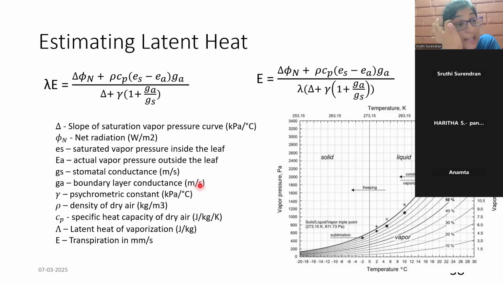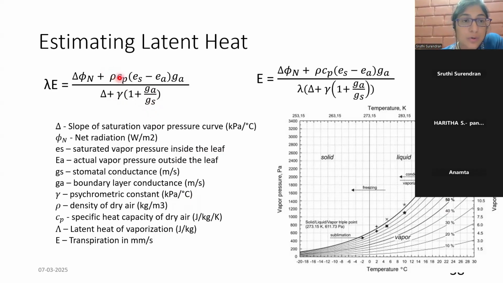When we talk about leaf boundary layer conductance, we are talking about it in terms of moles per meter square per second. Here, Ga is the boundary layer conductance in meter per second. Again, gamma is the psychrometric constant. You see, it is in the unit of kPa per degree Celsius, and Gs is the stomatal conductance in meter per second.